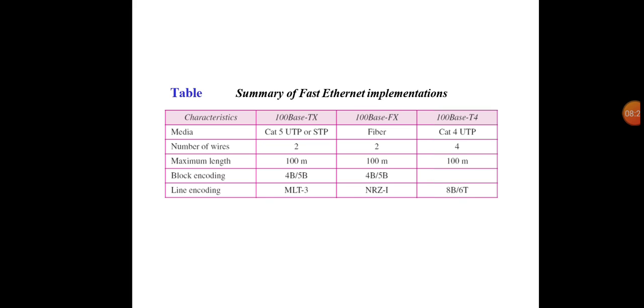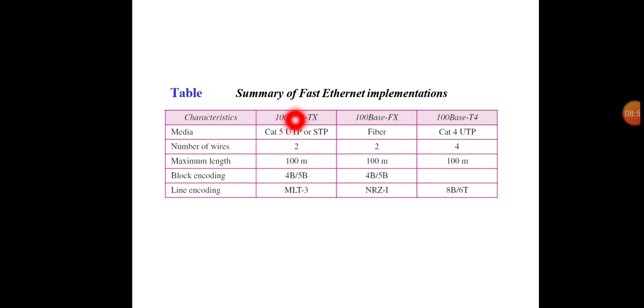In media characteristics, it has media, number of wires, maximum length, block encoding, and line encoding. For media, 100Base-TX has Cat5 UTP or STP. For 100Base-FX, it has fiber. For 100Base-T4, it has Cat4 UTP. In number of wires, for this one 2, and for 100Base-T4 it uses 4 wires.